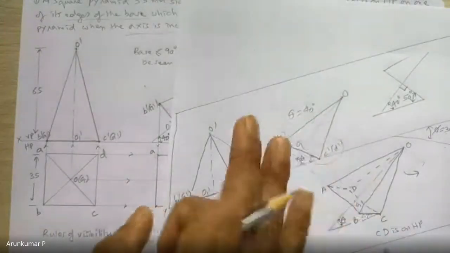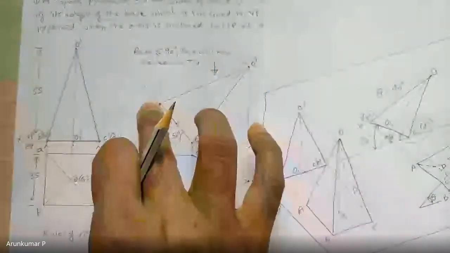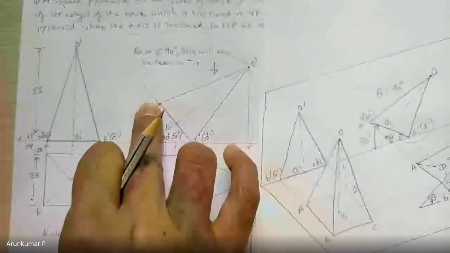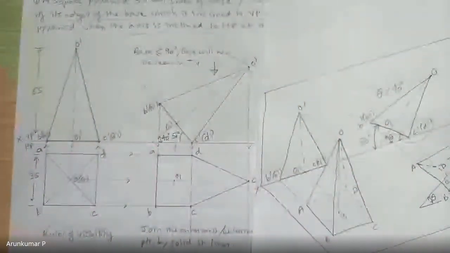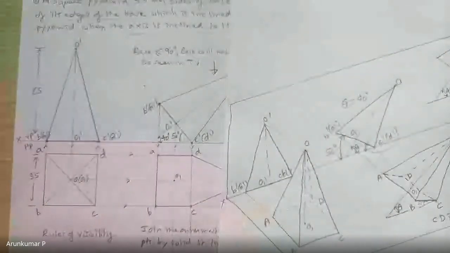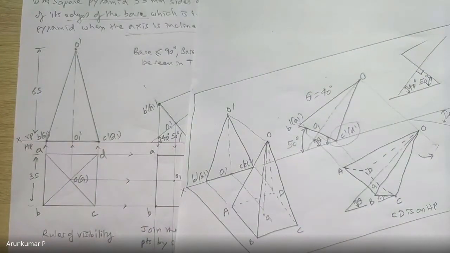Or you take the front view of that. O dash A dash and O dash B dash are the front view of OA and OB. Are these 2 edges seen when you look from the top? Yes.